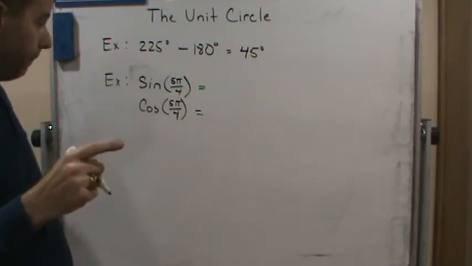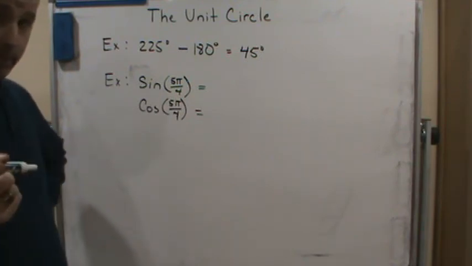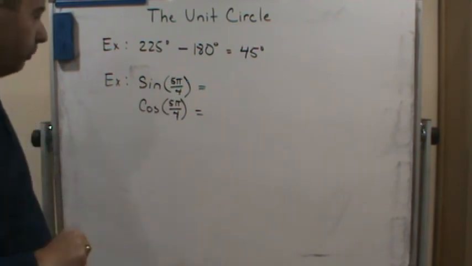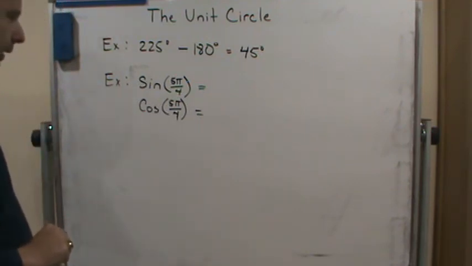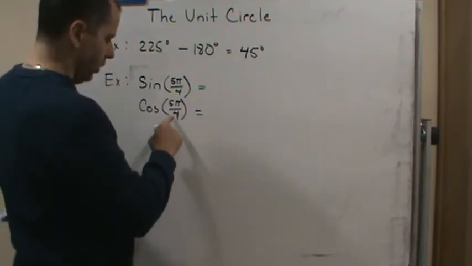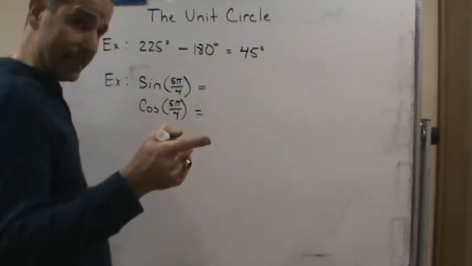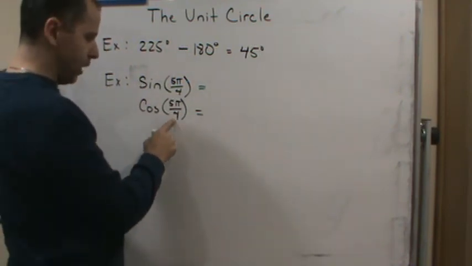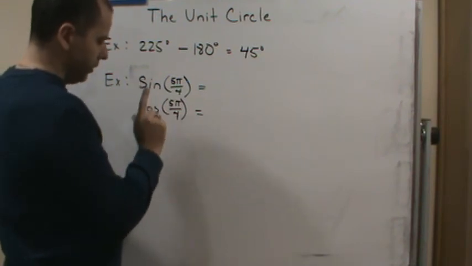Three halves pi, right? 3 pi over 2. But 3 pi over 2 is the same as 6 pi over 4, and this is less than 6 pi over 4. So this is going to be in the third quadrant. Okay? So we got that.